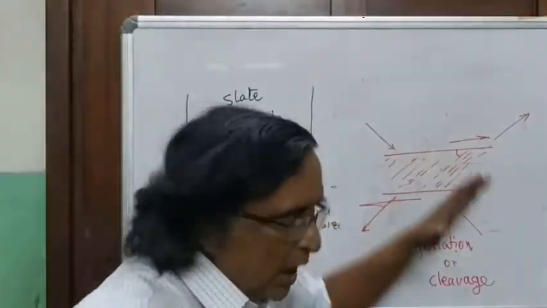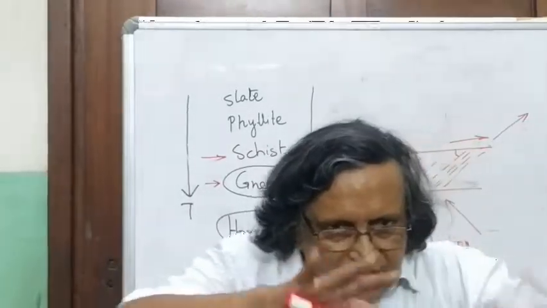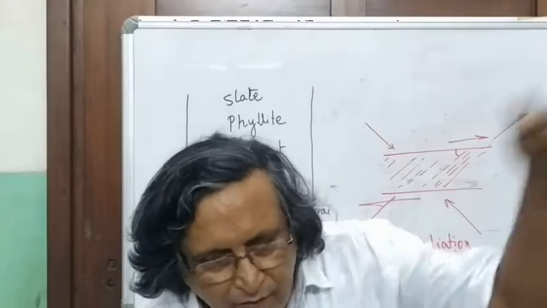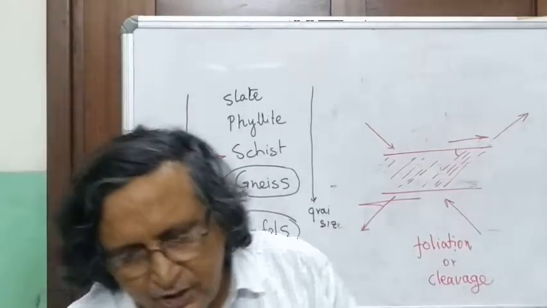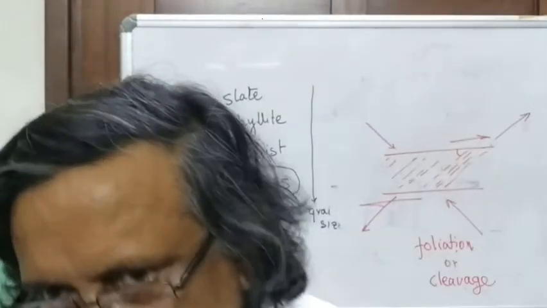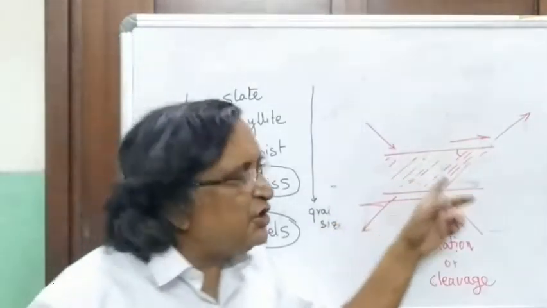So the alignment will depend on the strain pattern, but the mineral growth will be perpendicular to the shortening direction and therefore parallel to the stretching direction. This is a major difference.